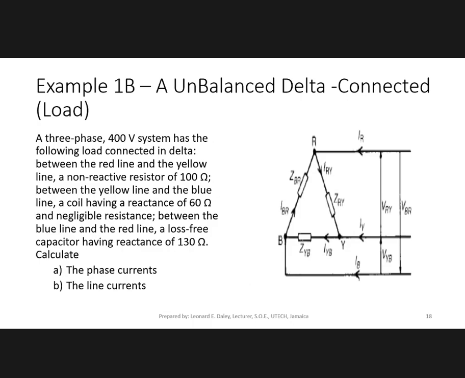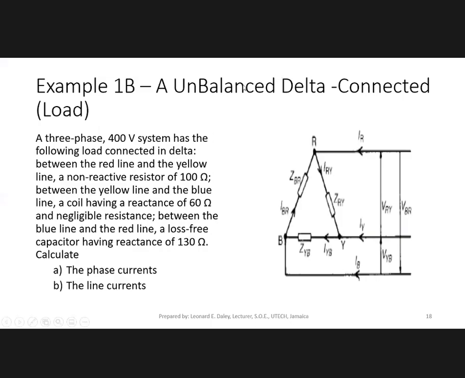All right, so the question says a three-phase 400-volt system has the following load connected in delta between the red line and the yellow line, a non-reactive resistor of 100 ohm. You might recognize some similarity with this question with one from last week, but this time it's a delta connected system.